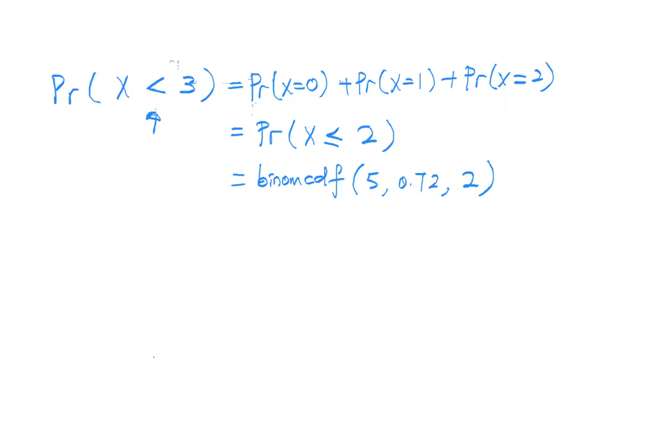If I ask for a question like that, probability of X greater than 2, can I use binom CDF? The answer is no, because binom CDF is from 0 right up to the number. It's for less than. So for greater than, the sum of all the probability is what? 1.